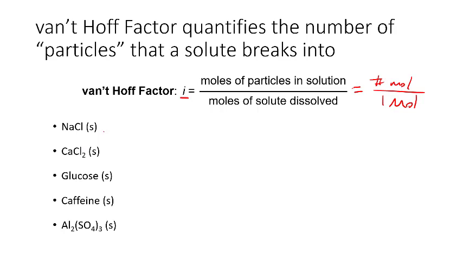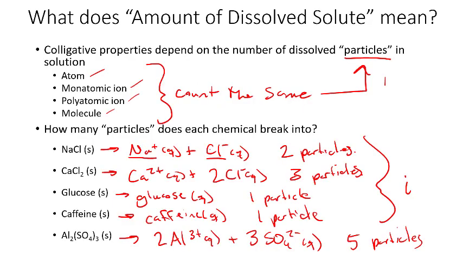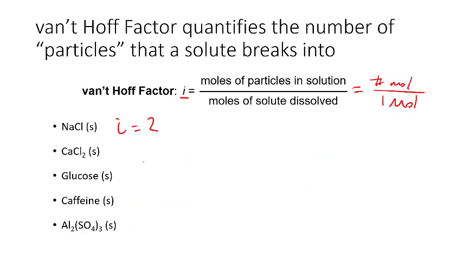Since NaCl breaks into Na+ and Cl-, we have i equal to 2 because we broke up into 1, 2 particles. CaCl2 is going to have a Van't Hoff factor equal to 3 because you have 1 calcium, 2 chlorides, as in the previous slide.